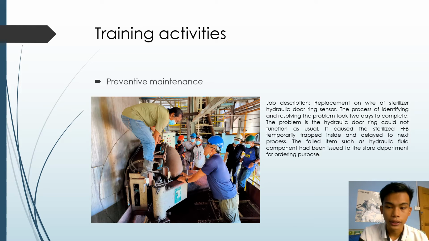Next, this is another preventive maintenance work where all the workers try to diagnose and identify the problem. The work is more on the replacement of wire of sterilizer, hydraulic door, ring sensor.